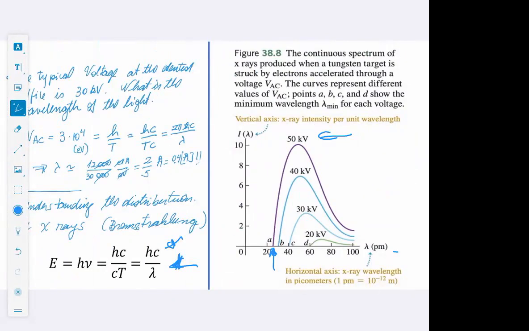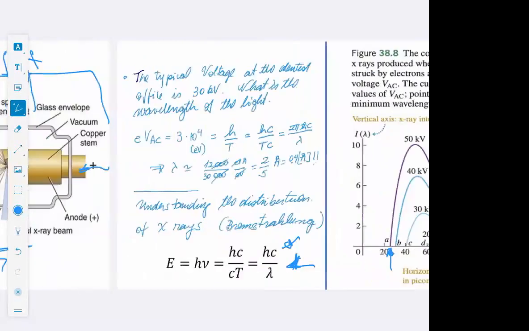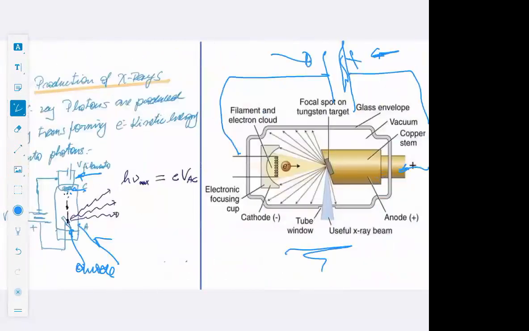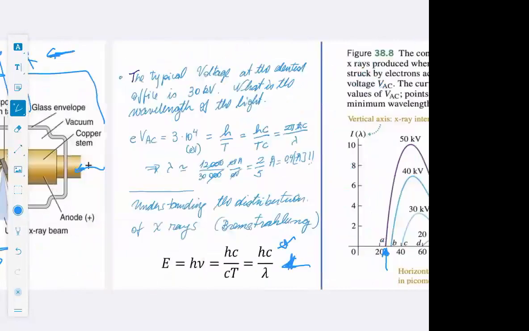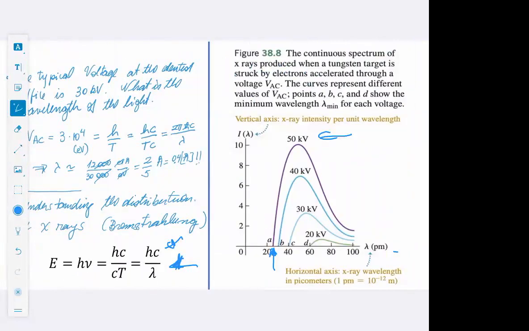Those are the voltages that we are changing here, and we measure the intensity each time as a function of the wavelength. So essentially, we connect 50 kilo electron volts to this tube, we have it in operation, and we start measuring the intensity as a function of wavelength, and we plot it. This is the graph that we're seeing here.